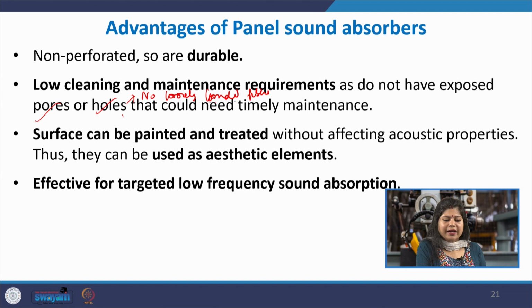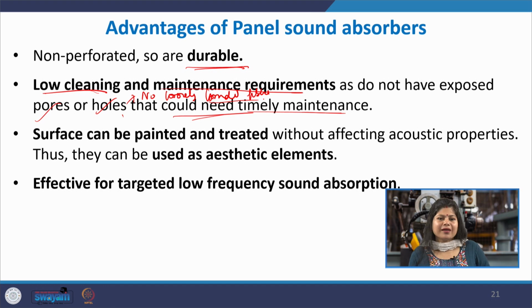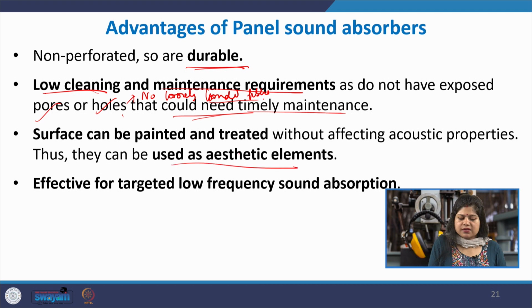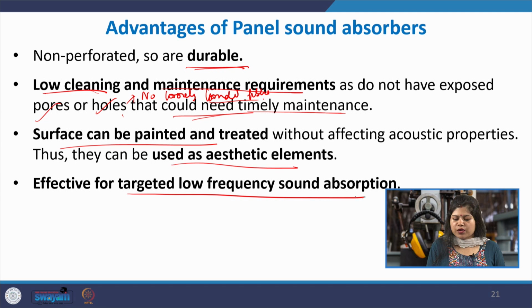So, that kind of maintenance is not required. Low maintenance and cleaning requirement compared to porous fibrous absorbers, and more durable because they do not get clogged up due to the continuous usage. And then the surface can now be painted and treated without affecting its acoustic properties, and hence they can be used as aesthetic elements, and they are effective for targeted low frequency absorption.